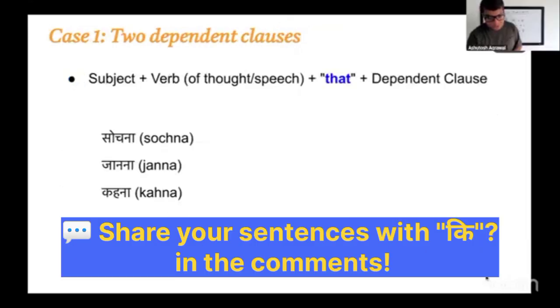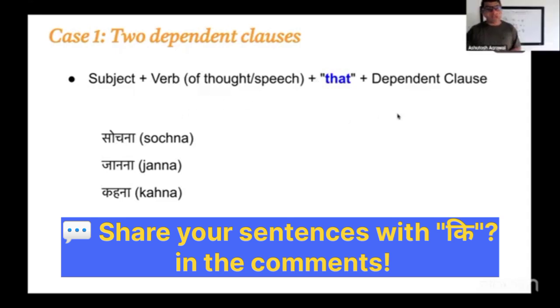Yeah. So before we jump into it, there are three major use cases of the Hindi conjunction "ki". One is what we already saw, where it means "that", and there is a dependent clause after the first sentence is done, right?